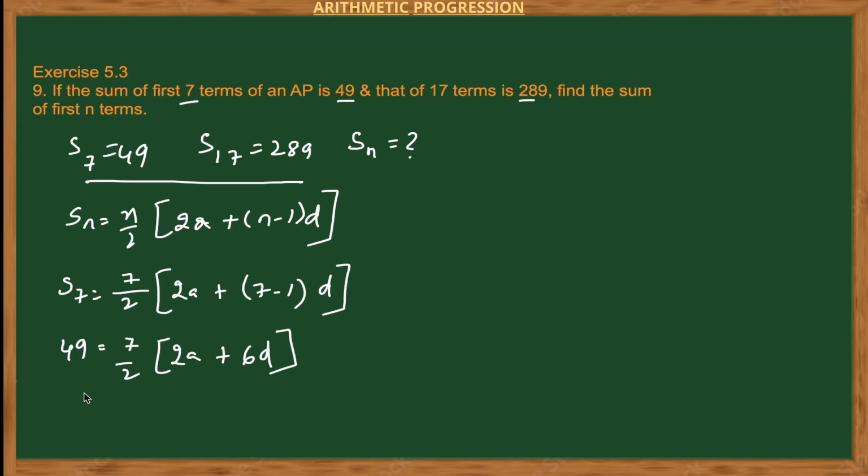So 49, let's bring the 2 by 7 to the left side. It reverses: 2 by 7 times 49, 7 sevens are 49, is equal to 2a plus 6d.